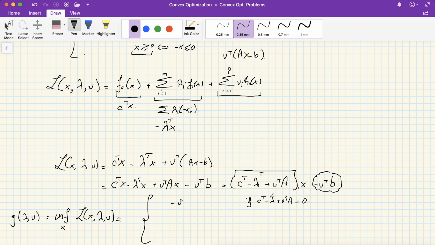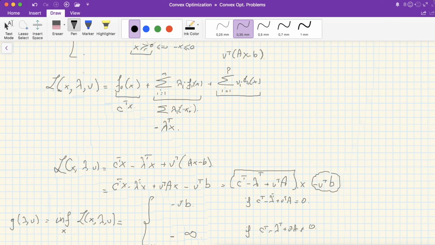So it's minus nu transpose b, right? It's independent of x. However, if this term is not 0, then you can always find an x that pulls this cost or this function downwards towards minus infinity. That means it is unbounded below.